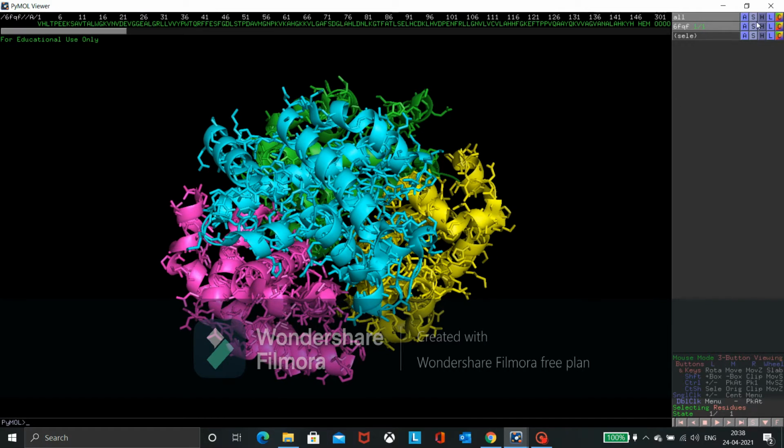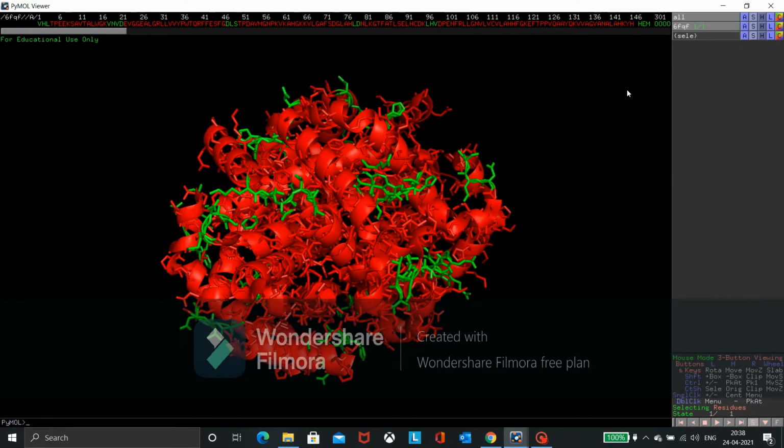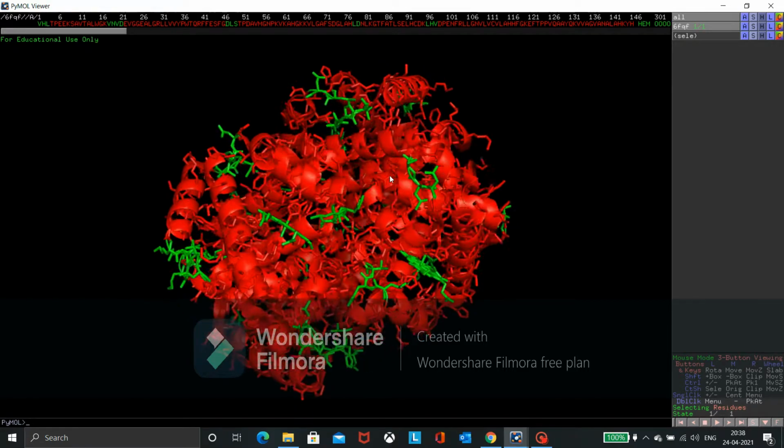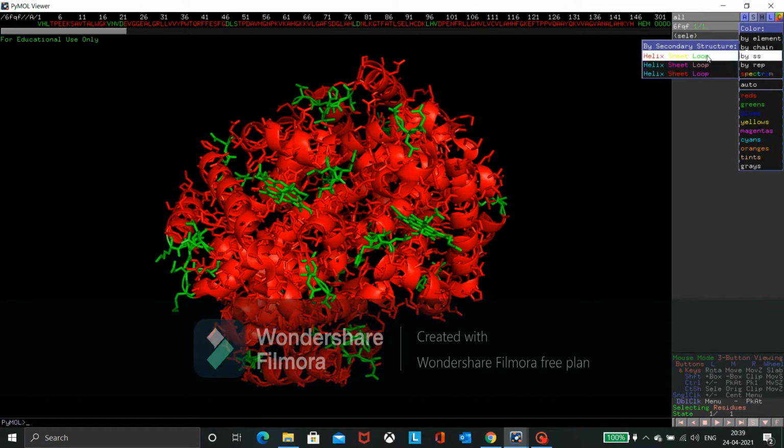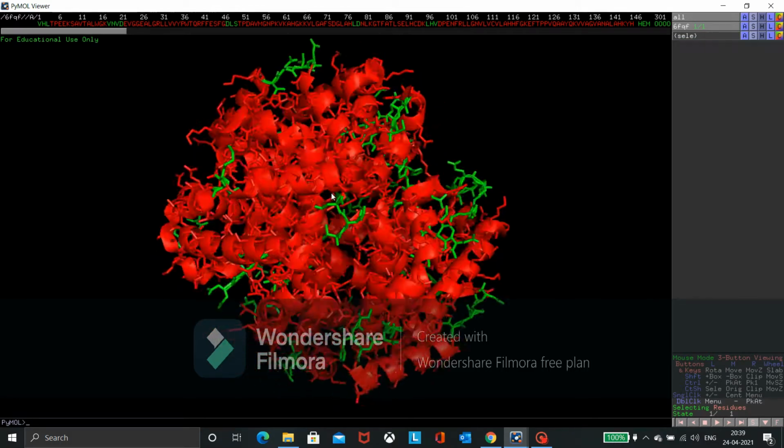If we check out the secondary structural elements, this is how it looks. So basically the helix is red, the sheets are yellow in color, and the loops are represented by green. So you can see that there are no yellow colors.